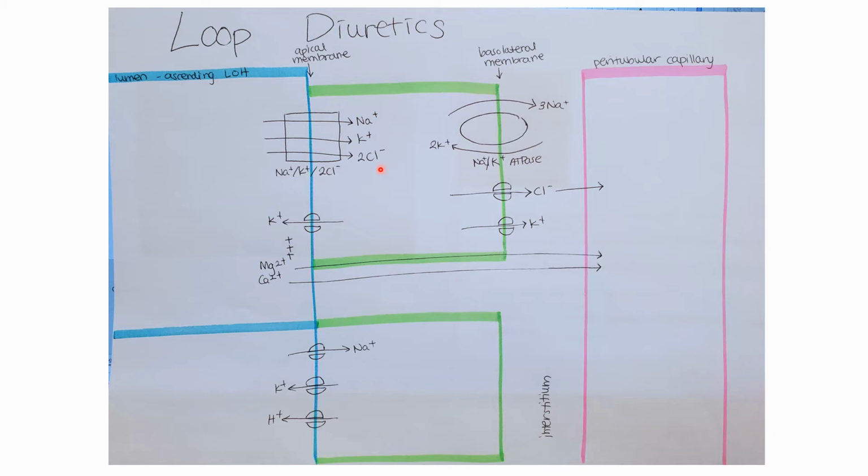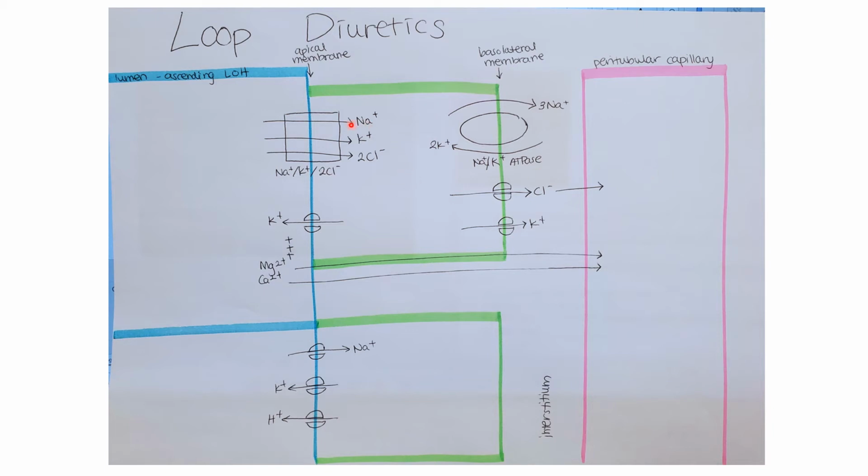So now what happens to our chloride ions? Chloride ions keep building up in the cell through this symporter. Some of the Cl ions actually leak out into the interstitium and then eventually reach the peritubular capillary, reaching our bloodstream.